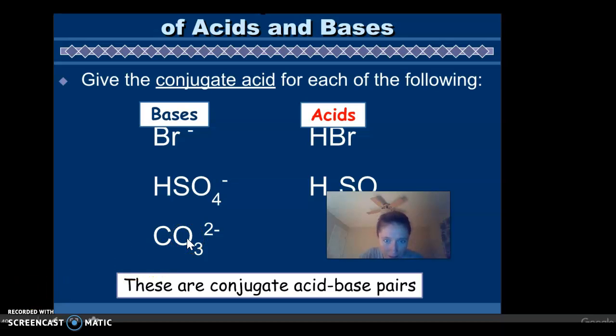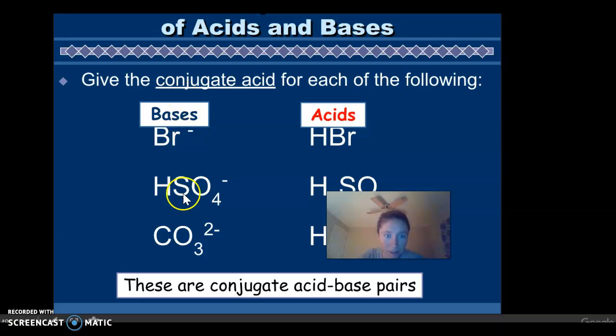Alright, for the last one, we have CO3 2-. If you gain an H+, it's just 1+, so we're going to go from 2- to just 1-. You only go up by 1 point. And you're going to have an H in front. So it will be HCO3-.